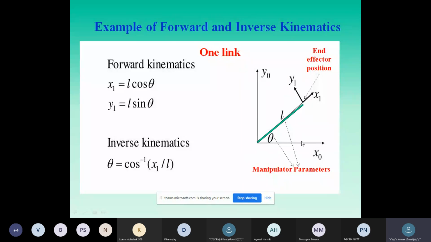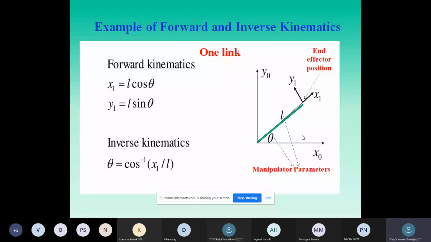In the x direction, x1 is equal to L1 cos theta, since cos gives the projection, and vertically y1 is L1 sin theta.